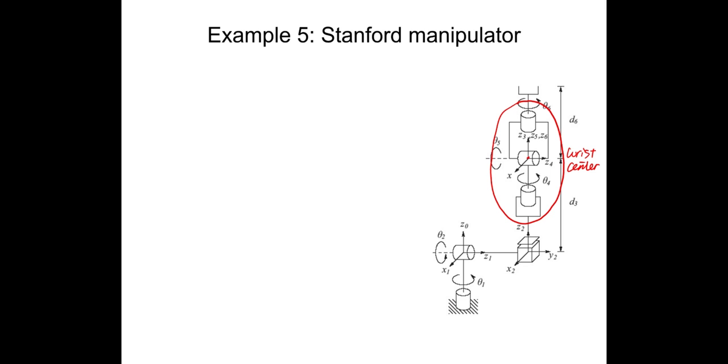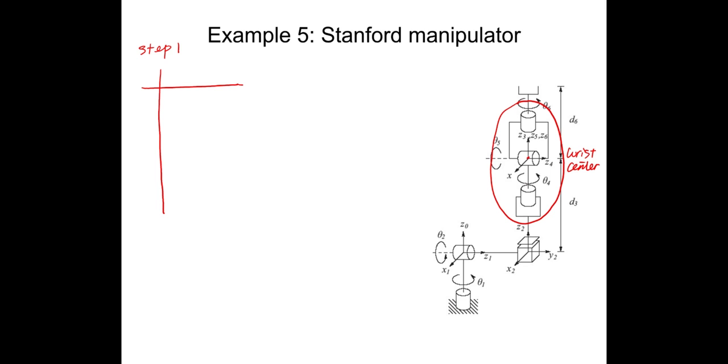To do the analysis of this manipulator, which it already gave us the complete manipulator, it has 1, 2, 3, 4, 5, 6 joints. So step 1 of the DH convention is that we need to find the 4 parameters for every step.